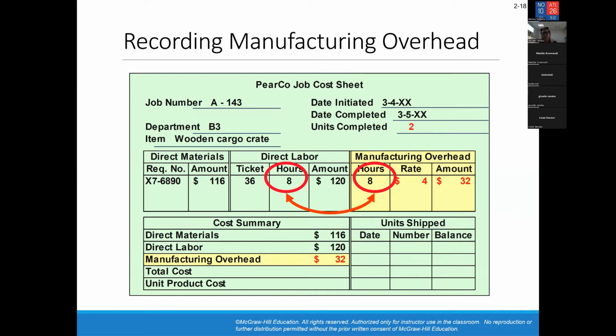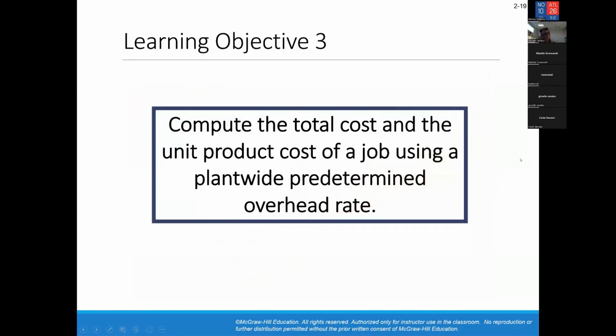So there's my 3 pieces: direct material, direct labor, and then my manufacturing overhead. So right here at the bottom, those are going to get added up to get me my total cost. And we can also get some more information off of this. If you see, we got how many units we produced, so we can figure out how much is it per unit once we know the total.